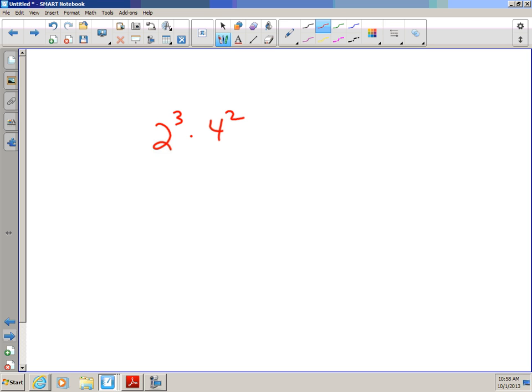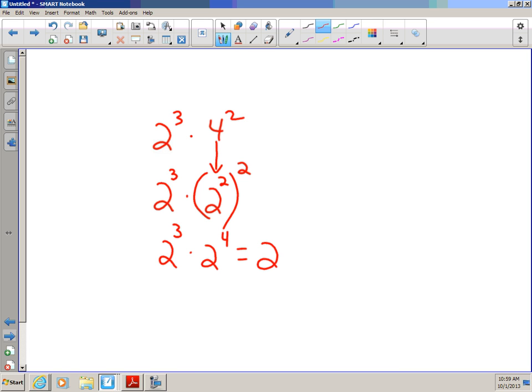But if you see your numbers, you should be able to see that 4 can be written with a base of 2, 2 to the second power. That's what 4 is. And then I carry over my second exponent. So now it's 2 to the third times 2 squared. 2 squared is 2 to the fourth, which is 2 to the seventh power.